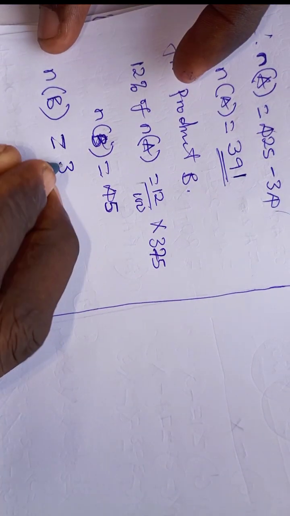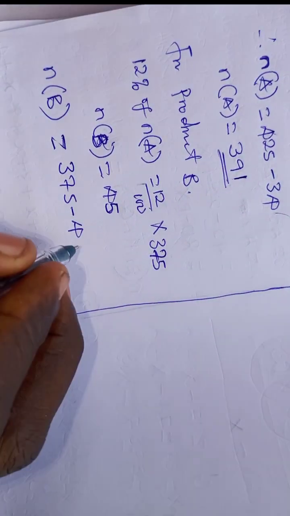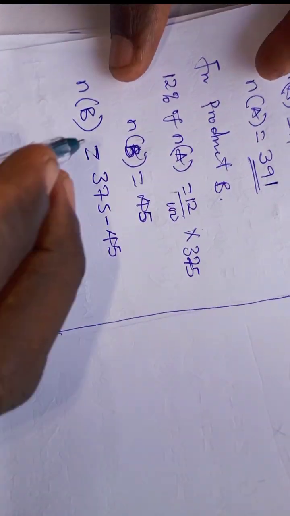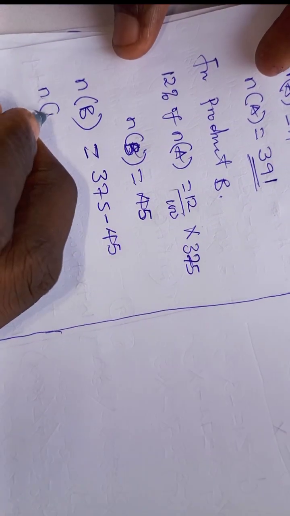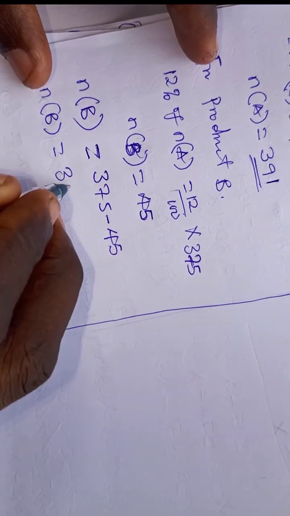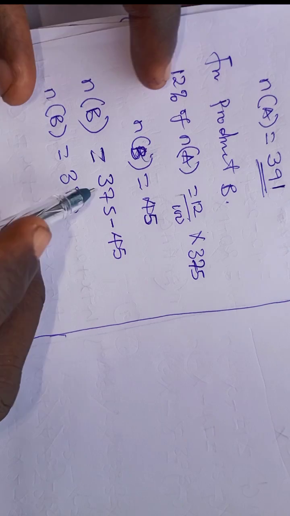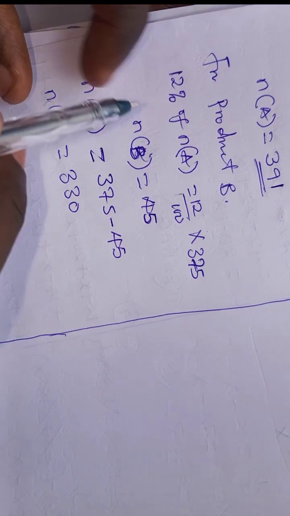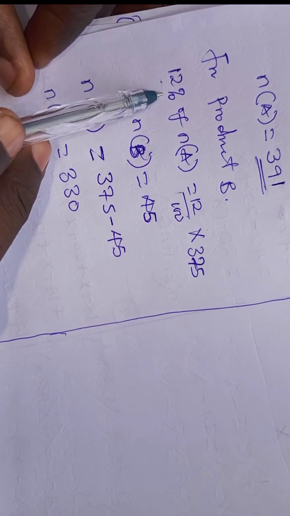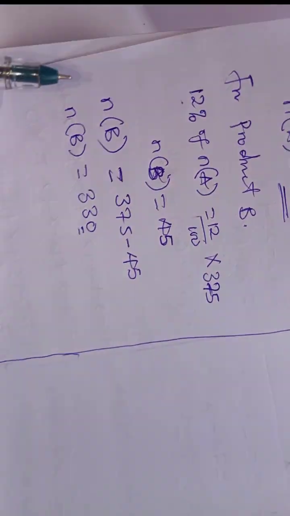So this will be 375 minus 45, which gives me 330. That means 330 customers liked product B after it has been reduced by 12%.